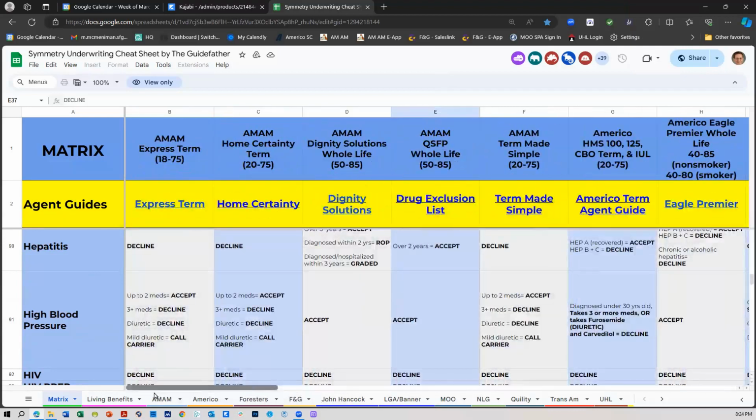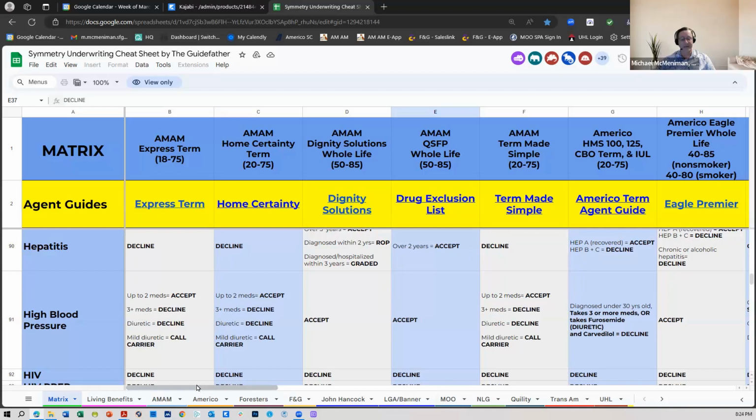Yeah, isn't that like a super generic one, right? They don't put you on that hard stuff because there's some stuff out there that's really strong. I'm amazed that they're saying 2 medications is accepted, but if it's a diuretic, it's a decline. I'm amazed at that.